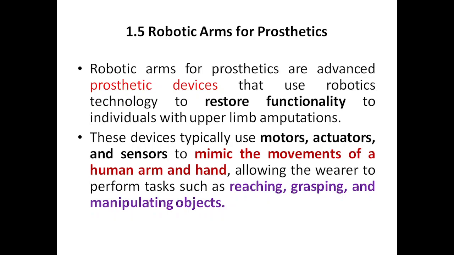Understood? Now in this topic we are going to discuss robotic arms for prosthetics. So let's start. Robotic arms for prosthetics are advanced prosthetic devices. They are not just a normal device used for normal engineering applications. Highly engineered technology and highly engineered materials are involved.